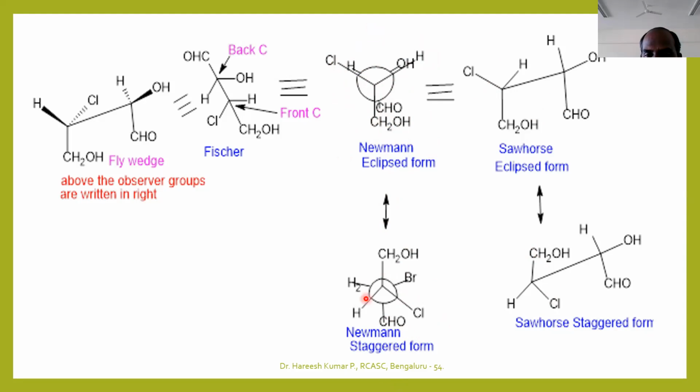That's what I have written here. Similarly in the case of the Sawhorse perspective formula. This is how one can convert a Fischer into a Newman, Newman into a Sawhorse. Similarly, fly-wedged into a Fischer, Fischer into a Newman, Newman into a Sawhorse. Okay, this is about the interconversions.